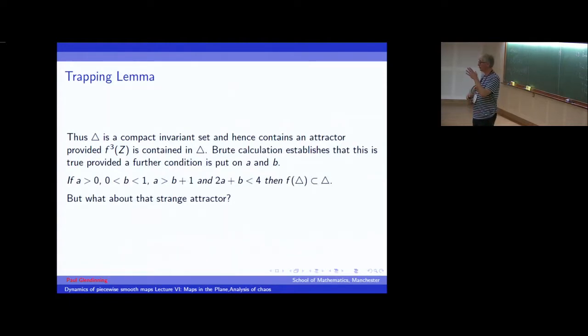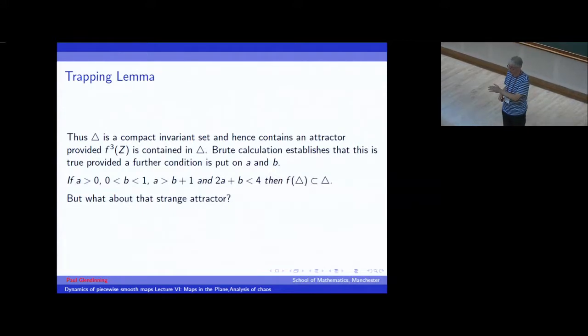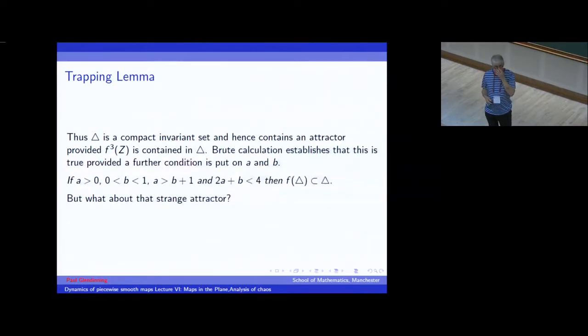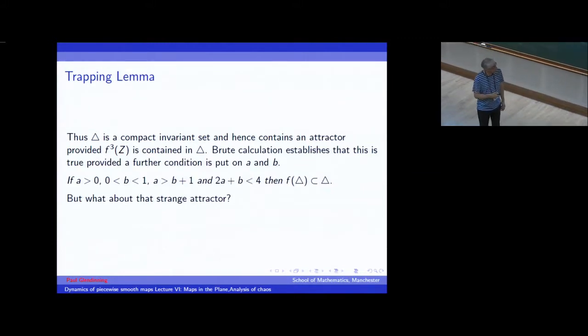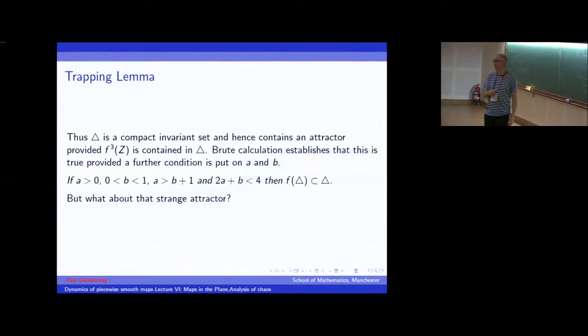And I'm not going to go into the detail of any of this, but if you take a moral away from this, it is that whereas in the one-dimensional case, we were nearly always just dealing with conditions and where do things go, and almost all was analysis, here we've ended up with a geometric statement.